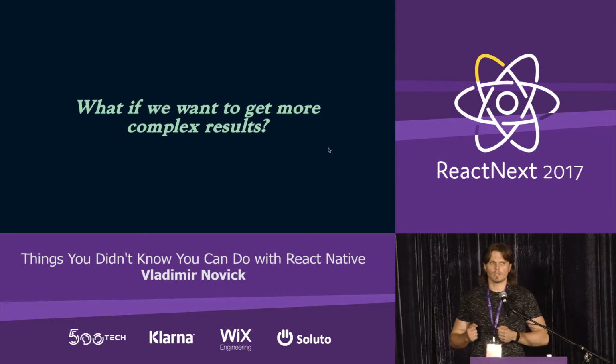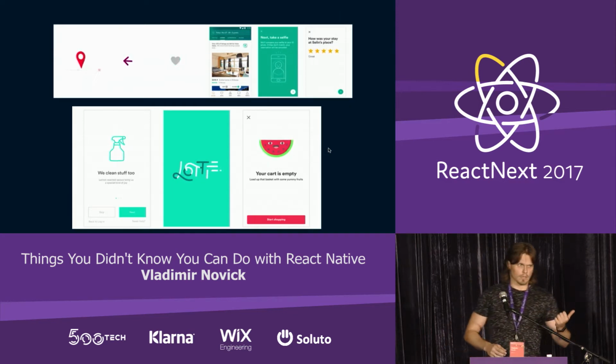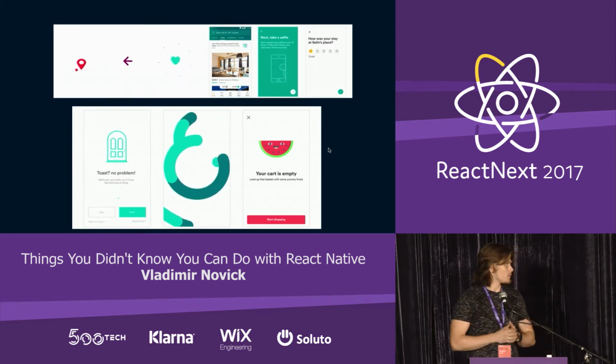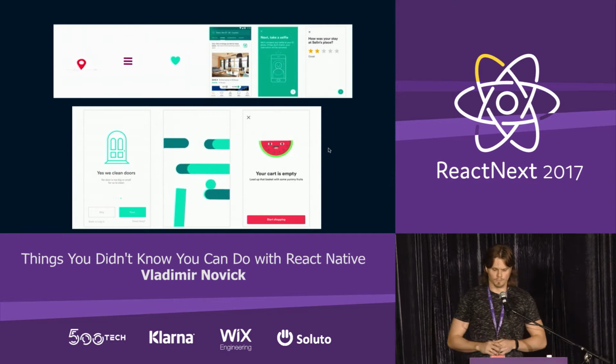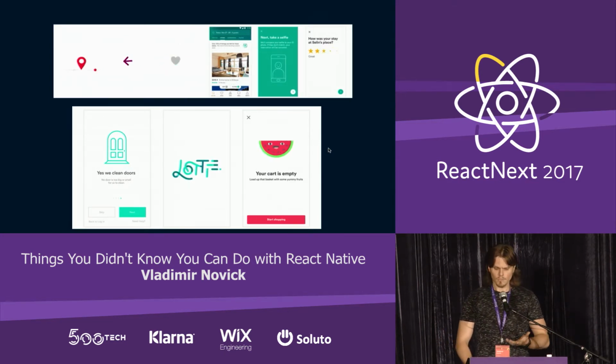What if we want to create animations that are beyond simple interpolation between values, if they are actually modifying the shapes, something like this? How do we create this? We cannot create this with Animated, we cannot create this with LayoutAnimation, nor with React Native Animatable. So what do we have for that?